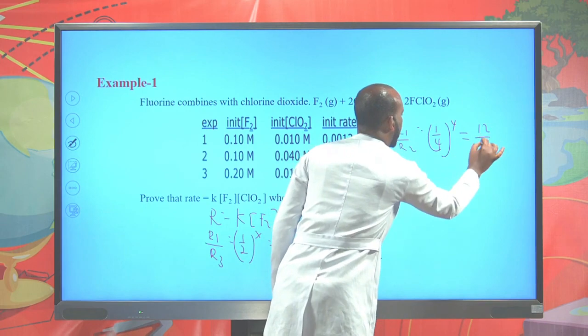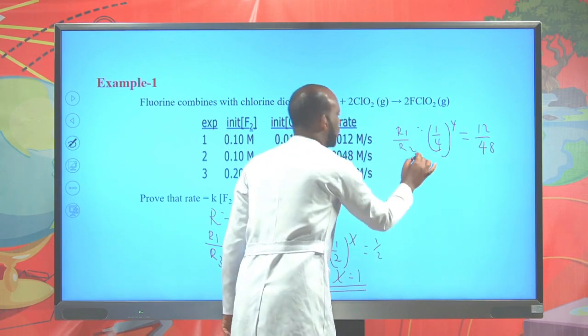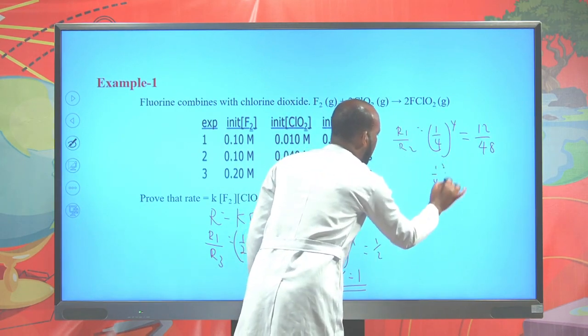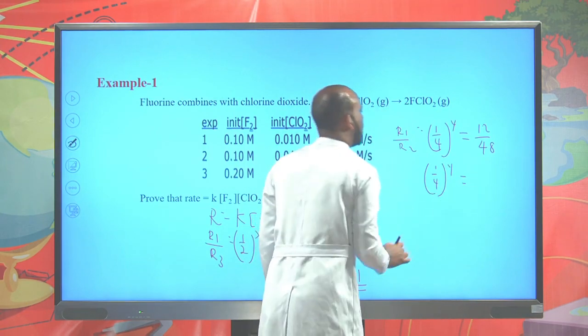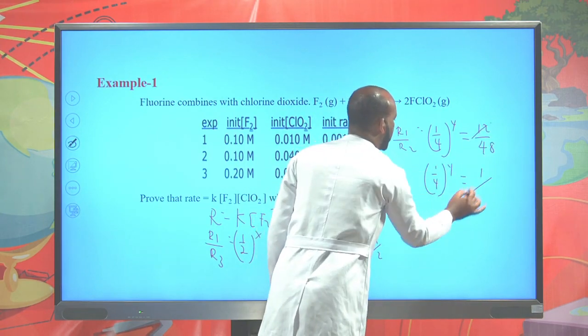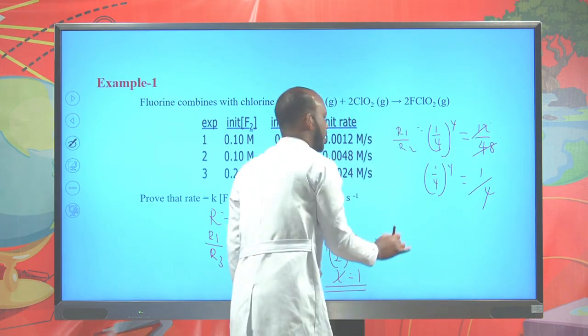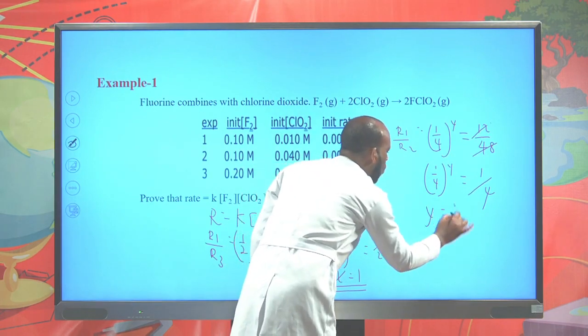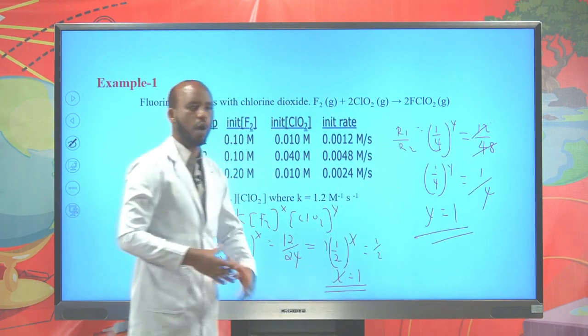This is the same as 1 over 4 to the power Y equals 12 over 48, which is 1 over 4. Again, from this, Y equals 1.